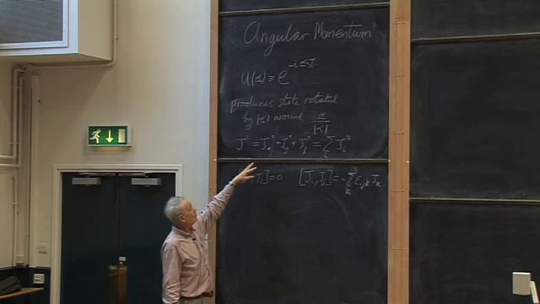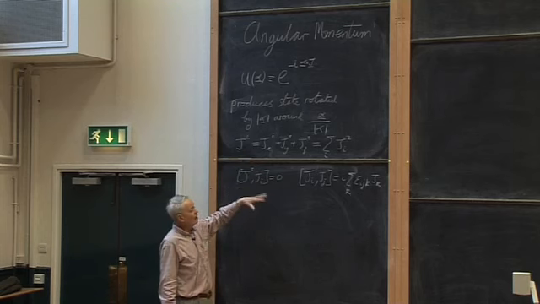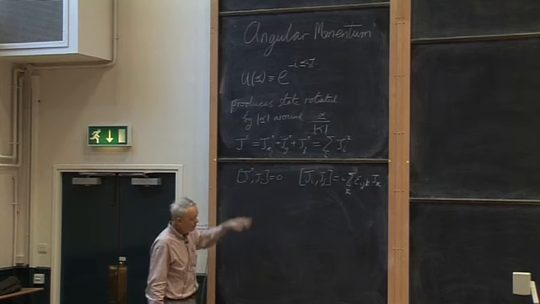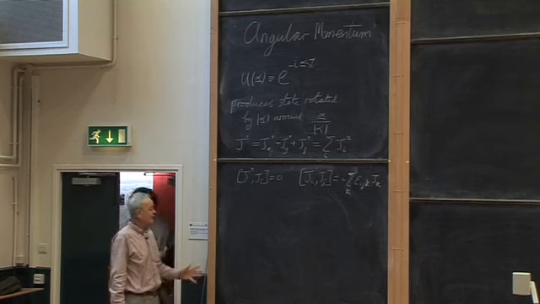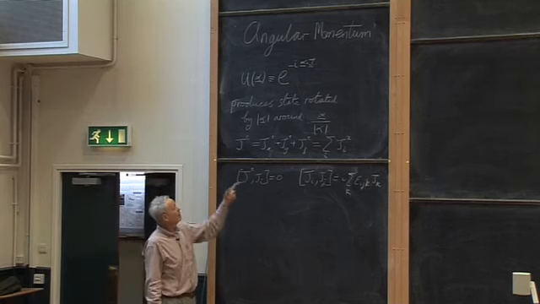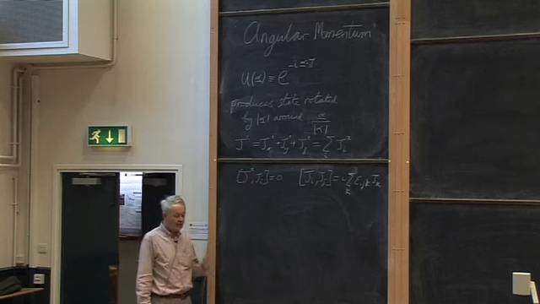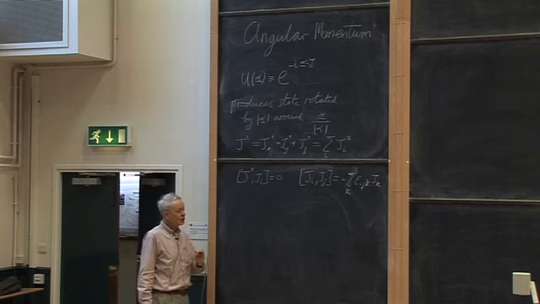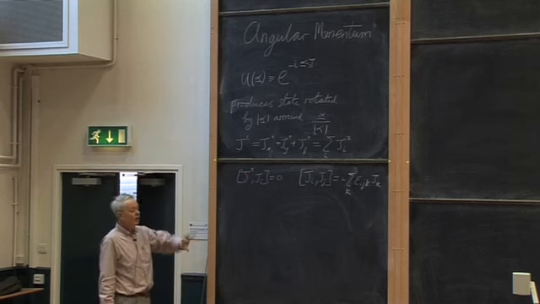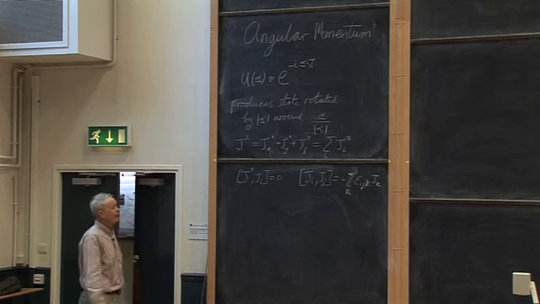When you make a measurement of Jx, Jy, or Jz, there will be possible answers. You'll get a number which belongs to the spectrum, and the amplitude for that event strangely encodes the orientation of the object. We need to understand about that.